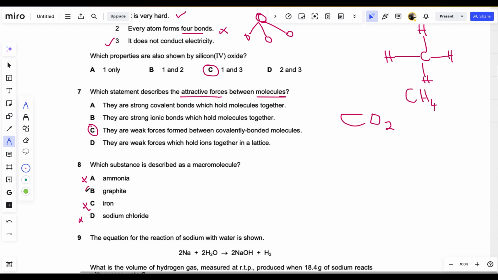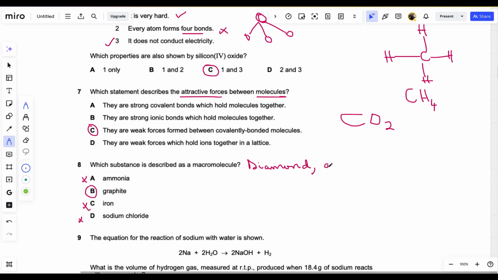Graphite. You know, macromolecules include the ones we talked about: diamond, graphite, and silicon 4 oxide, or silicon dioxide, SiO2. They form giant macromolecules.